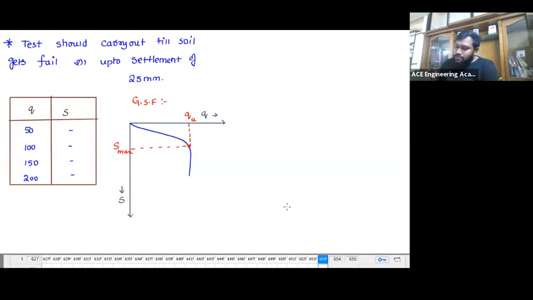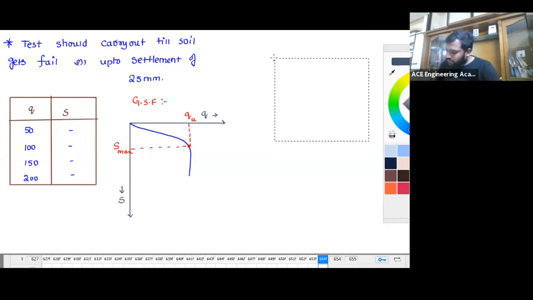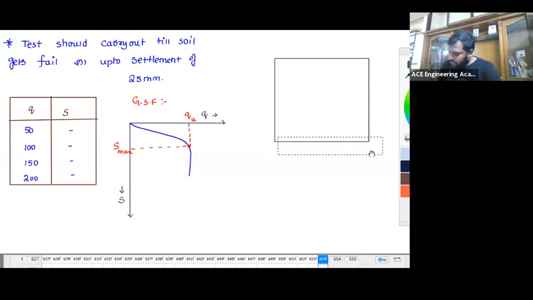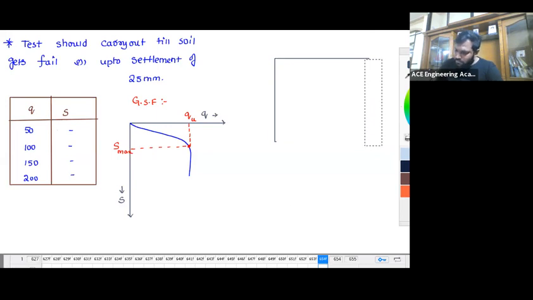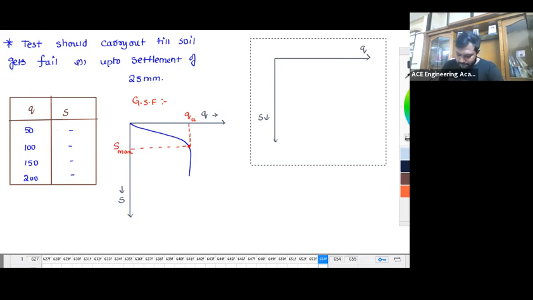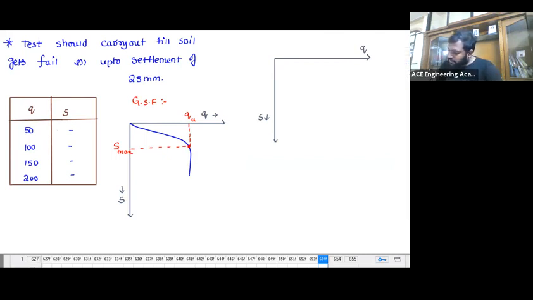Now, for example, I am going to draw the graph again, Q versus settlement. Let's say the graph comes in this fashion, and there is no failure.